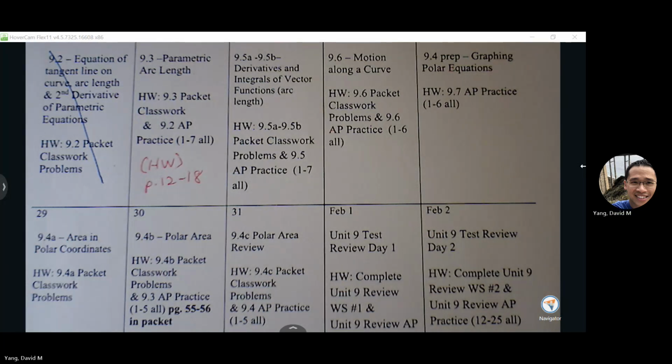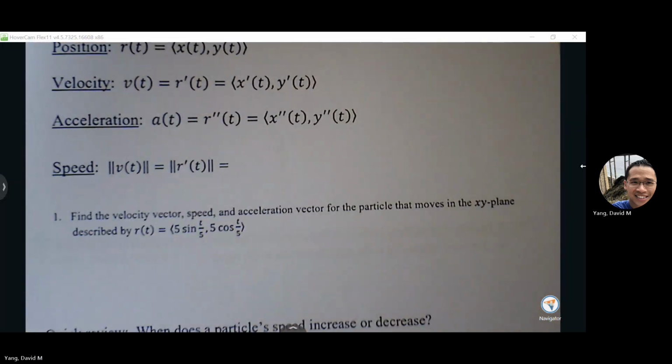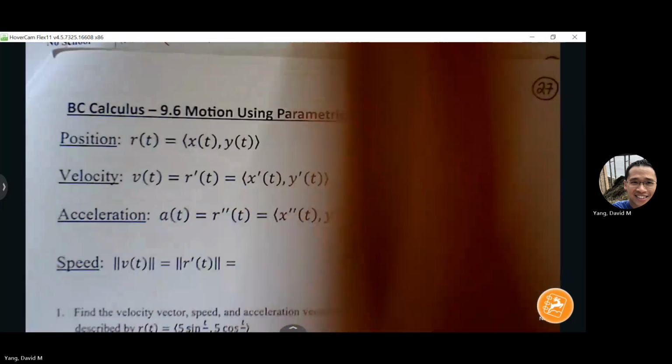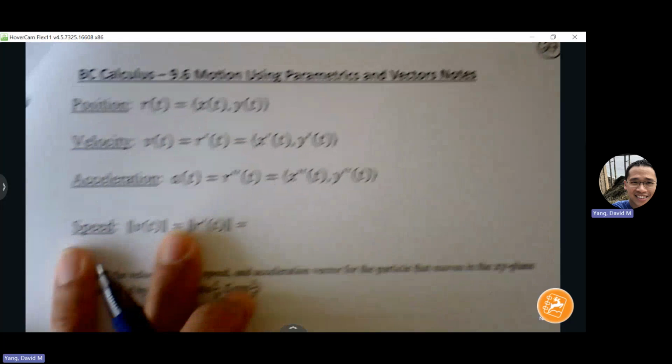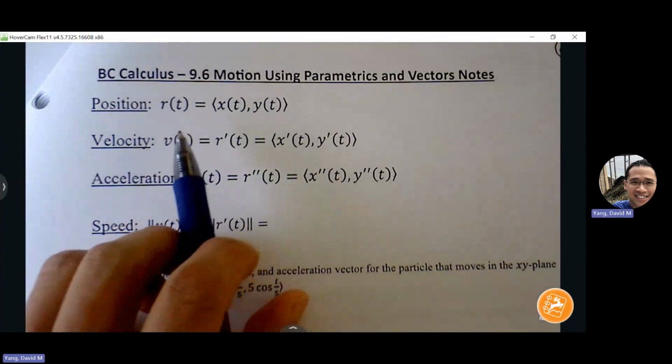So page 27. Okay, so position, velocity, acceleration, just like what we would expect.